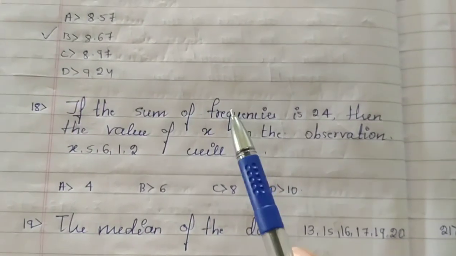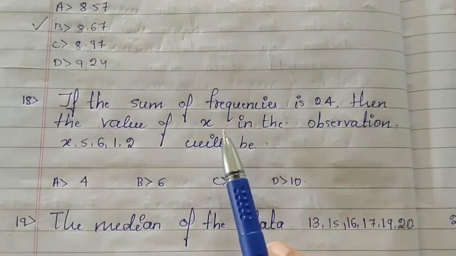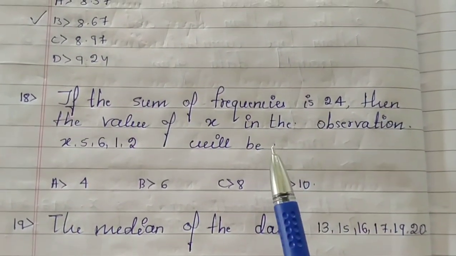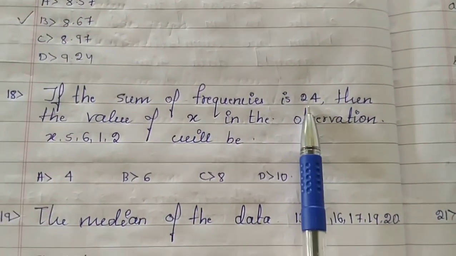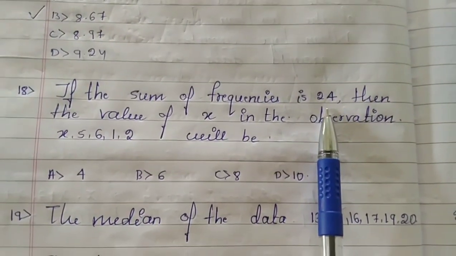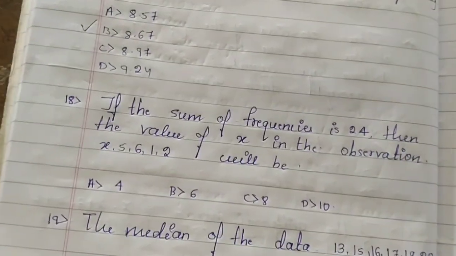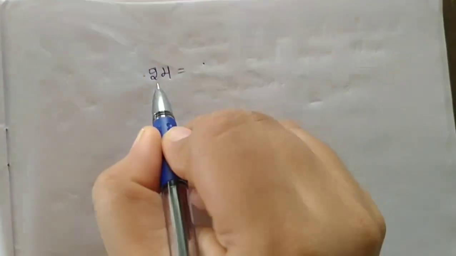If the sum of frequencies is 24, then what is the value of x in the observation? They have given the total sum of this observation, that is 24.